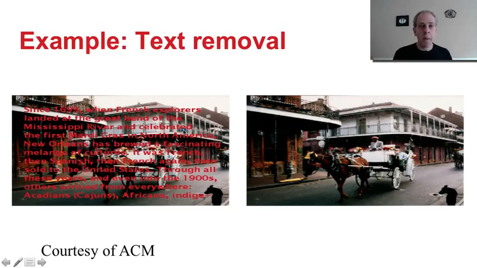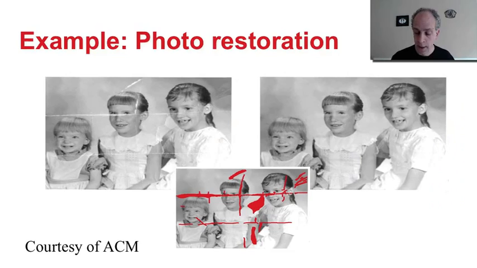So the region to be inpainted are all these letters, and we go inside and we make the letters disappear. We're propagating information from outside in. It's hard to see here, but now you get a very nice image where we invented the information that is covered by the letters based on information that is surrounding the letters. Very nice result, I think.